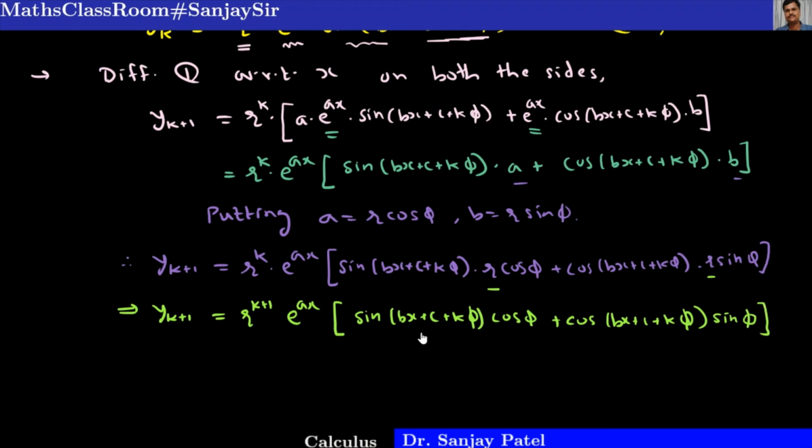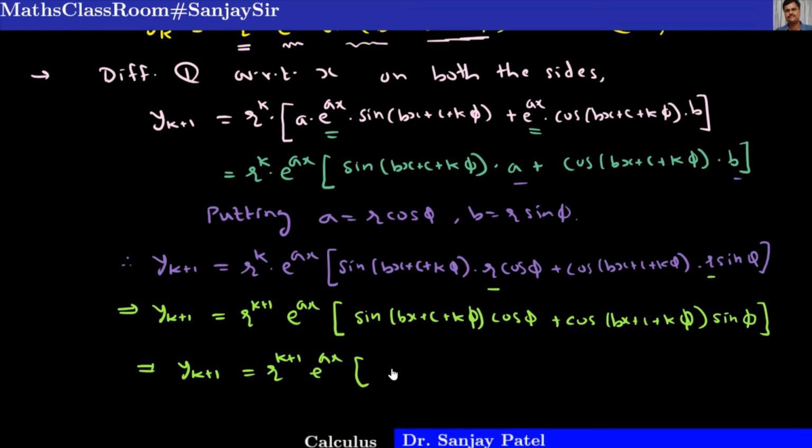This is again sine alpha plus beta. You can call this alpha and this beta. So sine alpha cos beta plus cos alpha sin beta is nothing but sine(alpha plus beta).